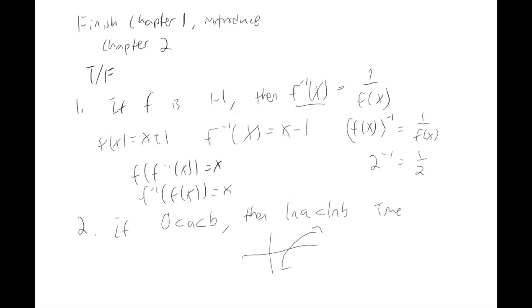This is false. So let's move on. If x is bigger than 0, then ln of x to the 6 is 6 ln x. Is this true or false? Yeah, okay, I guess people are really struggling with this.